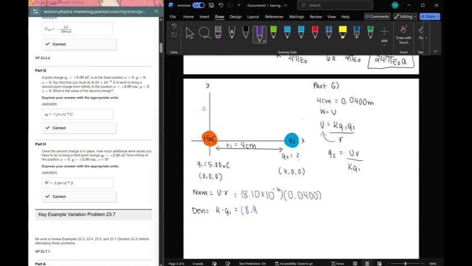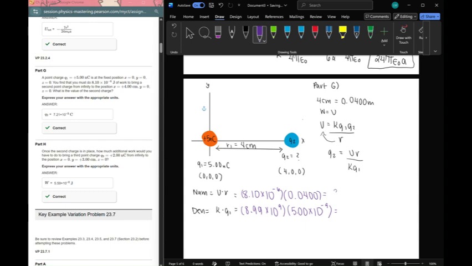It's the constant, 8.99 times 10 to the power of 9, and Q1 is 5.00 nanocoulombs. We're going to convert that to regular coulombs, and to do that, we can just do 5.00 multiplied by 10 to the power of negative 9. Now we're going to multiply these two, and I'm going to put it in my calculator.